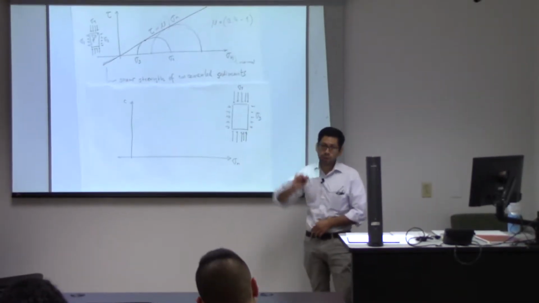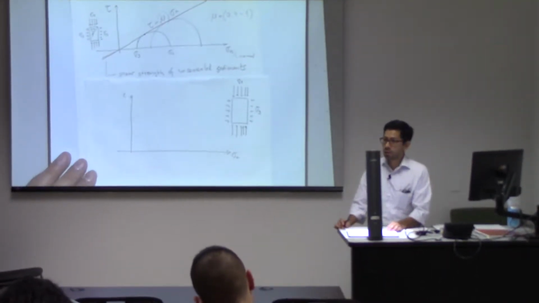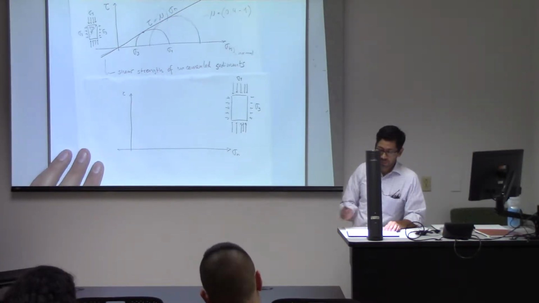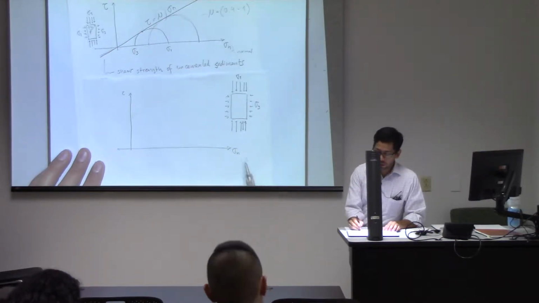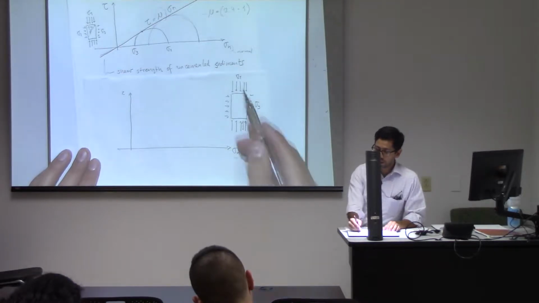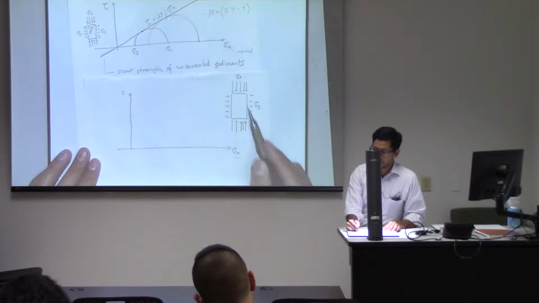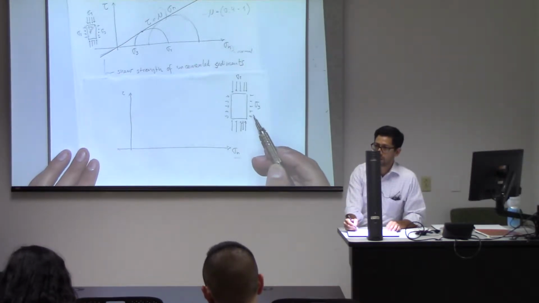So how do we go with the Mohr circle? What we do is we plot the principal stresses on the x-axis. So notice that here in the x-axis we have normal stress, right? And if these are principal stresses, by definition, there are no shear stresses on the faces of that solid.